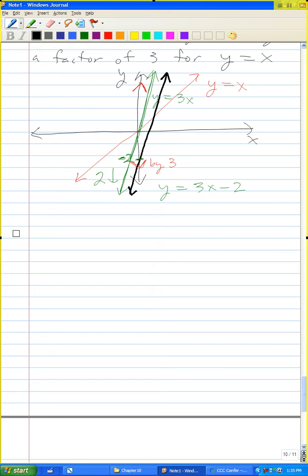Oops, wrong color. So problem number 16. g of x equals radical x plus 1. And so y equals radical x plus 1.